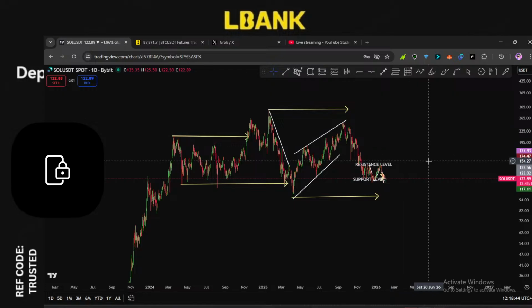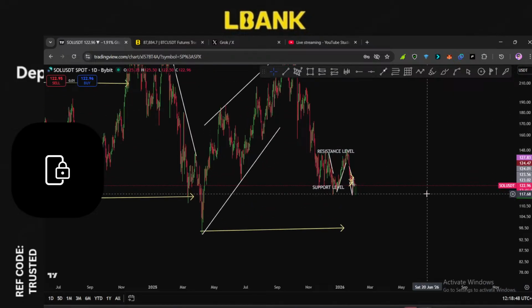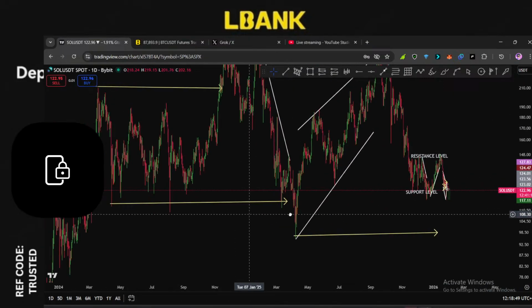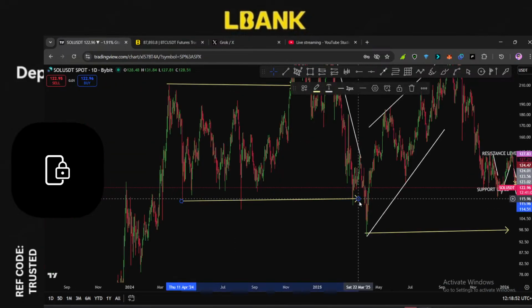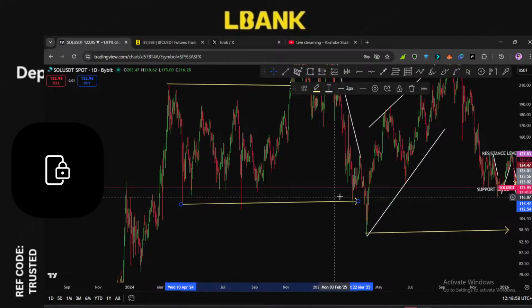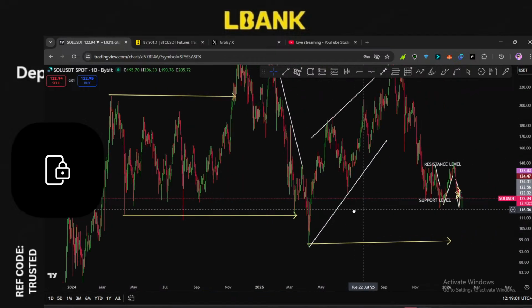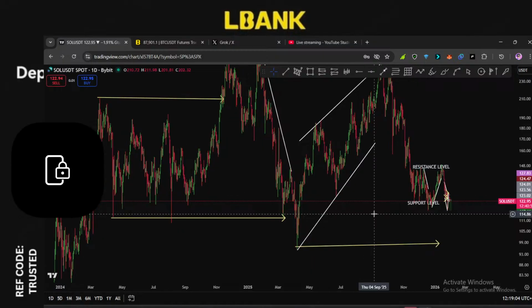So currently, looking at what is happening here, you will notice that because of this previous support level that we have here, the market starts moving sideways. The reason why I'm doing all this is because I want us to know about multi-time frame alignment.